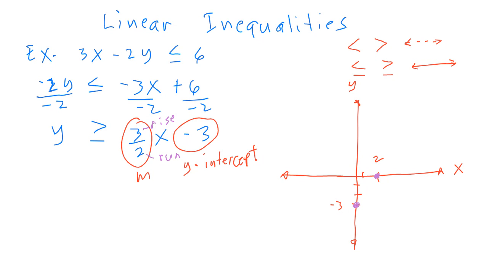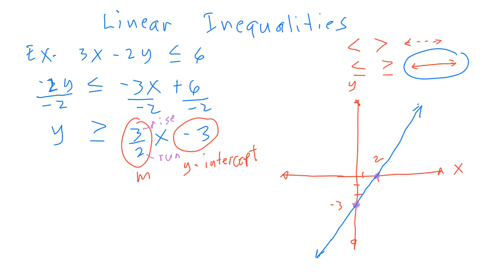And then we can draw the line now. The line that we're about to draw is a solid line, since we're using greater than or equal to. Okay, and then in linear inequality, we have to shade the solution. There are two sides of the line here, the upper part and the bottom part.